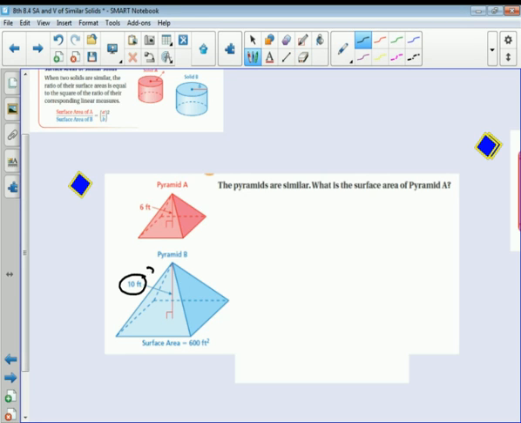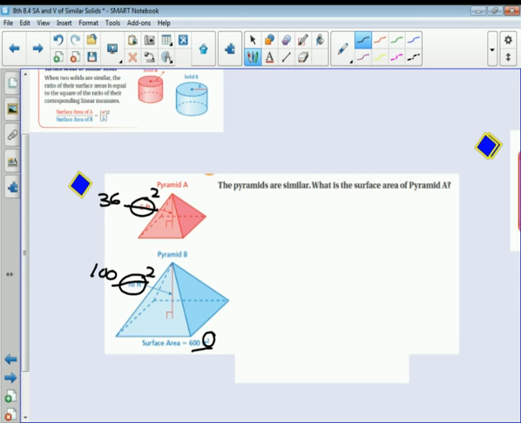So I'm going to square this and square this. These are my linear measures. How do I know? This already has the squared on it. It doesn't mean I'm squaring it. It means it's already been squared and the label they are identifying shows that it's squared. So 6 squared gives me now 36 to use for that, and 10 squared is now 100.